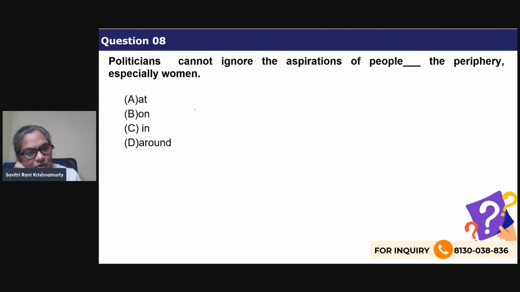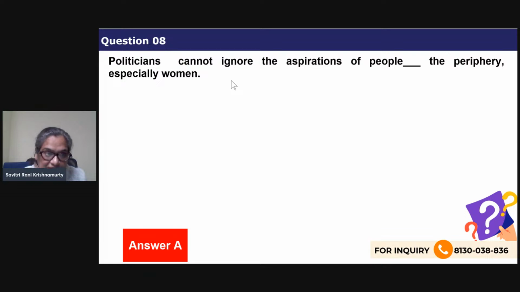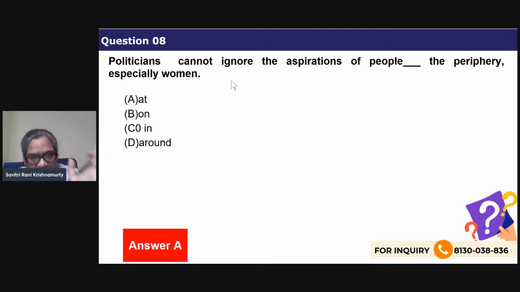Okay. Now the close options are this or this. What do you think? People at the margins, that's what you are saying. So actually it is at. Now you don't ask me why for prepositions. Around the periphery won't work.